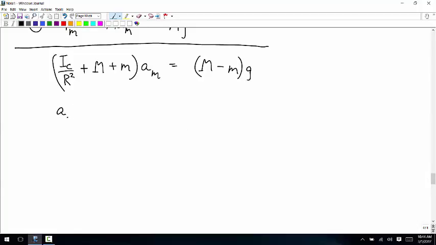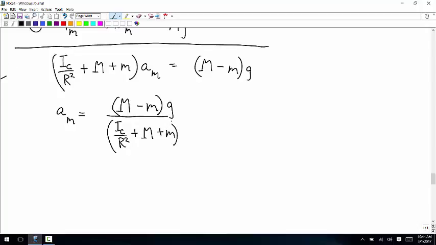And so a sub little m is equal to the quantity big M minus little m times g over I sub c over r squared plus big M plus little m.